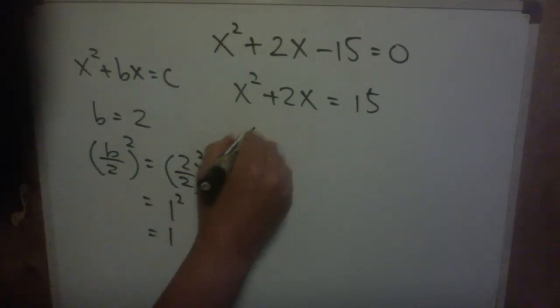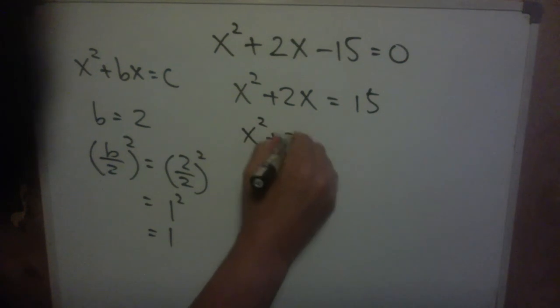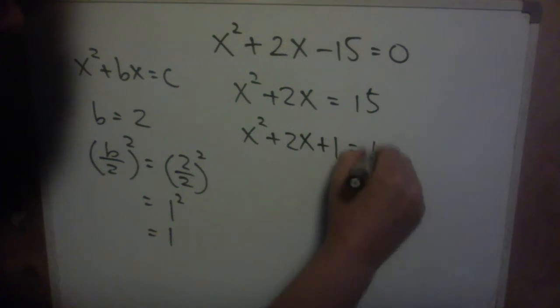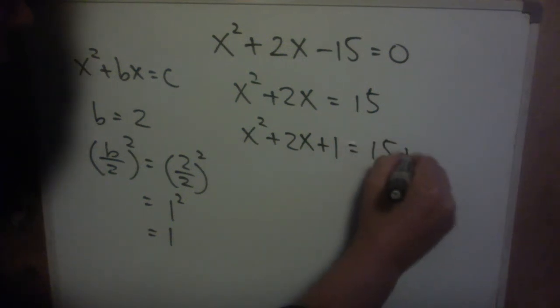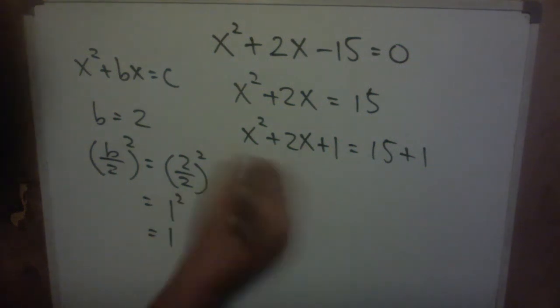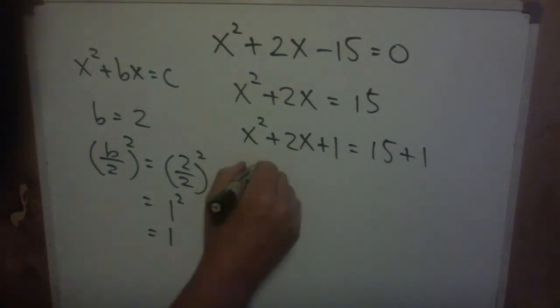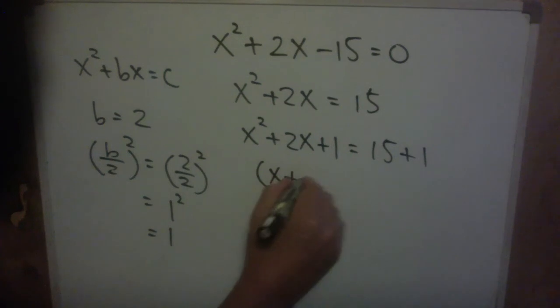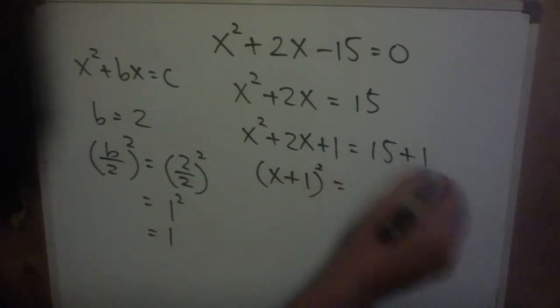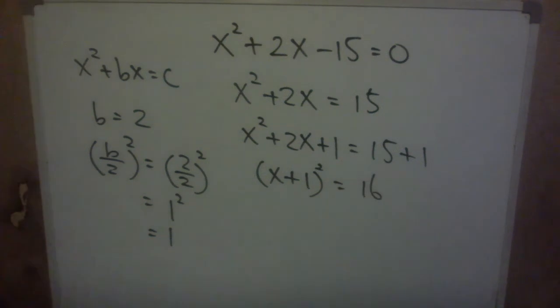So we have x squared plus 2x plus 1 is equal to 15 plus 1. Now let's factor the left-hand side. This can be factored as x plus 1 quantity squared, equals 15 plus 1, so that's just 16.